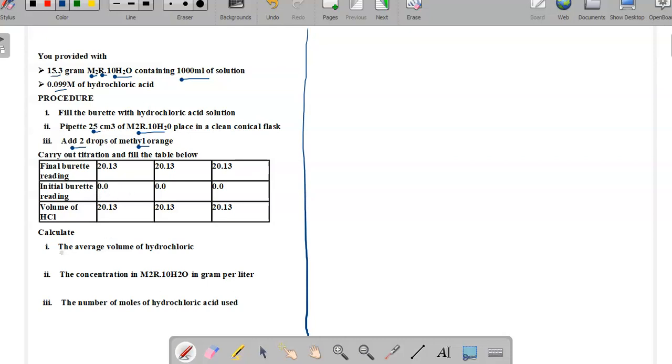When you fill the table, the first question is asking to calculate the average volume of hydrochloric acid used.